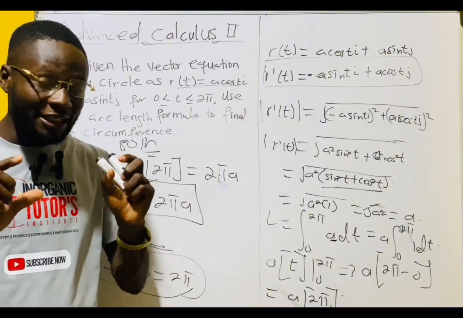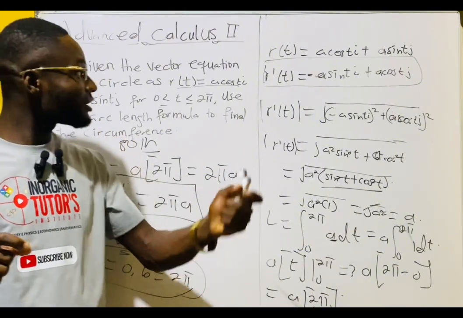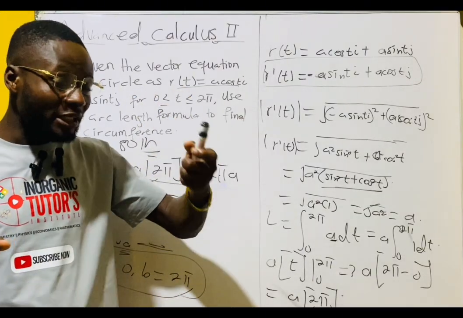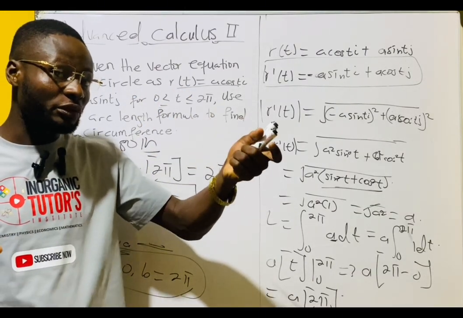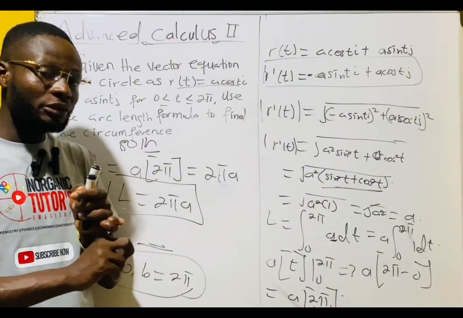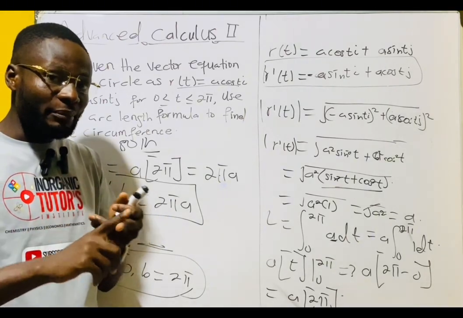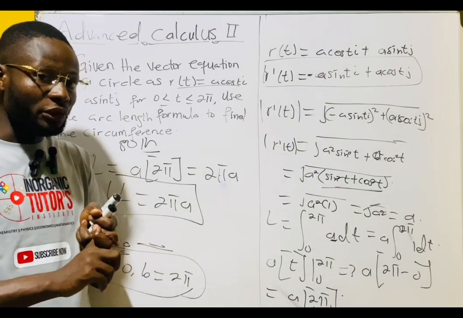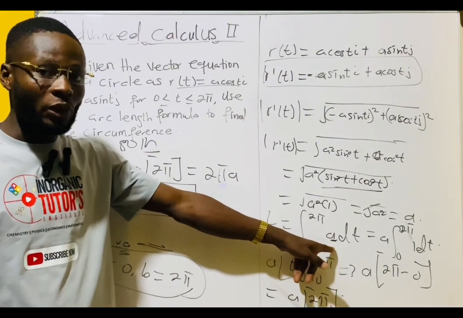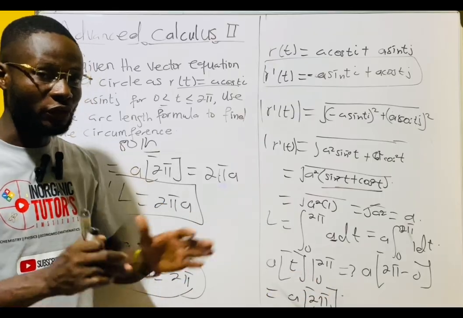Then you find the magnitude of the differential radius. So first of all, differentiate the radius, which is the vector equation that you'll be given. Then find the magnitude of the differential radius. What you have, you integrate. Whatever you integrate, then you substitute the limits into it. The result becomes your arc length.